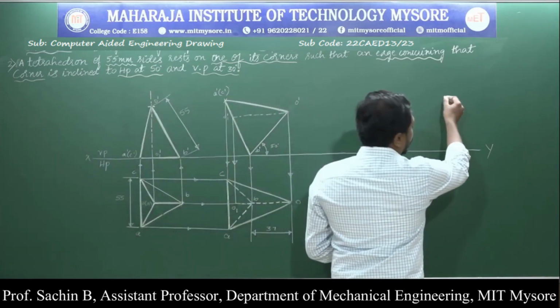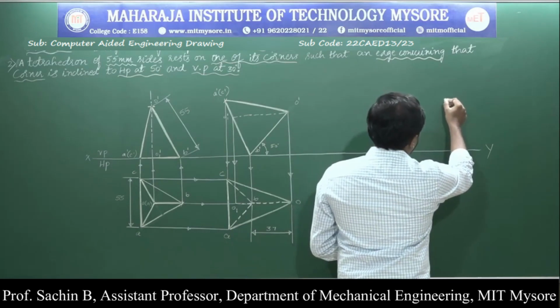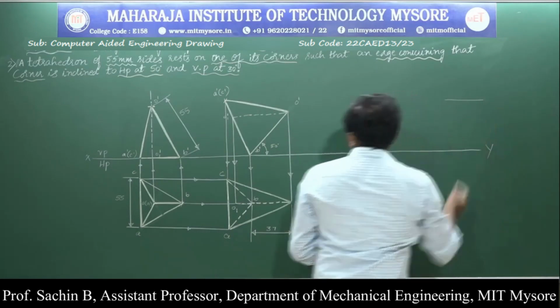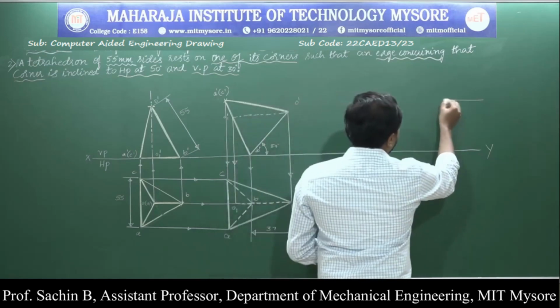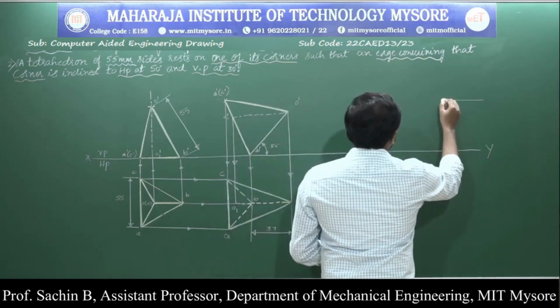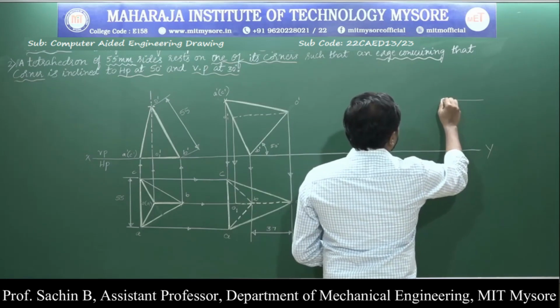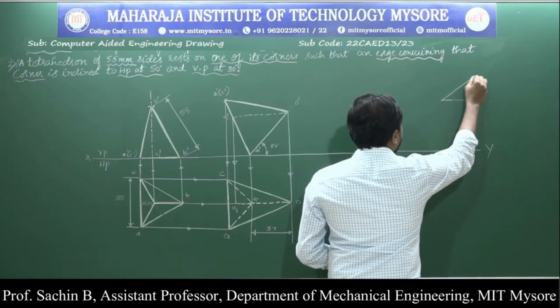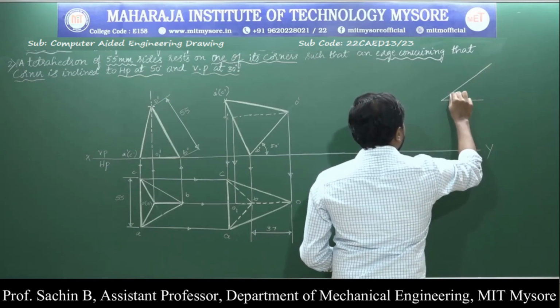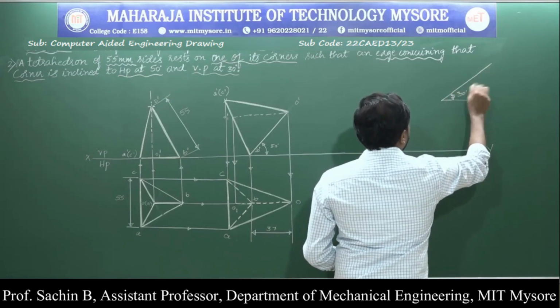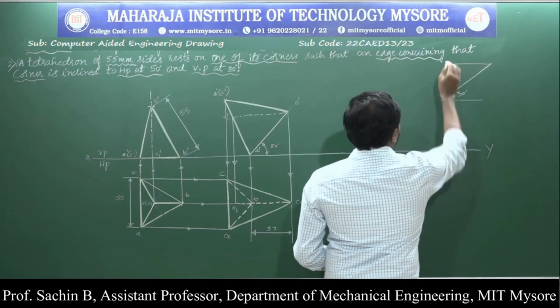For that, first I am going to draw the locus. I am drawing the locus line of the given length, that is 55 mm, at an inclination of 30 degrees. Next, I am going to draw one more locus here.